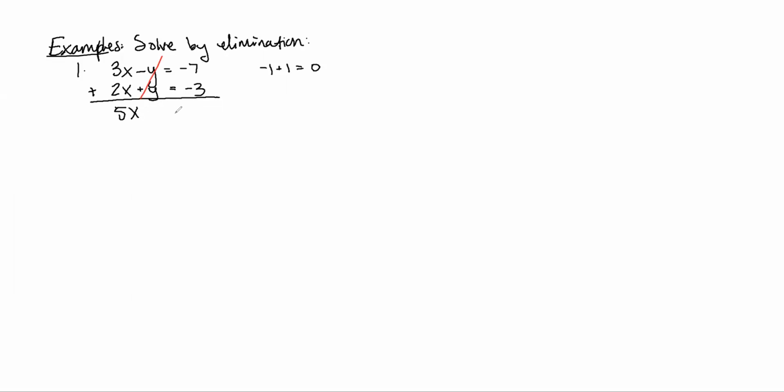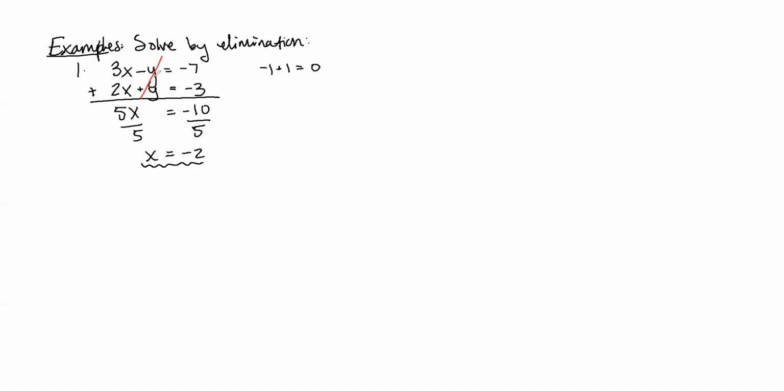Bring down the equal sign, and -7 plus -3 is -10. Now we have this nice linear equation, and we're just going to go ahead and solve it for x. So let's divide both sides by 5, and we get x equals -2. Elimination, if it's set up nicely for elimination, can be really nice and fast.